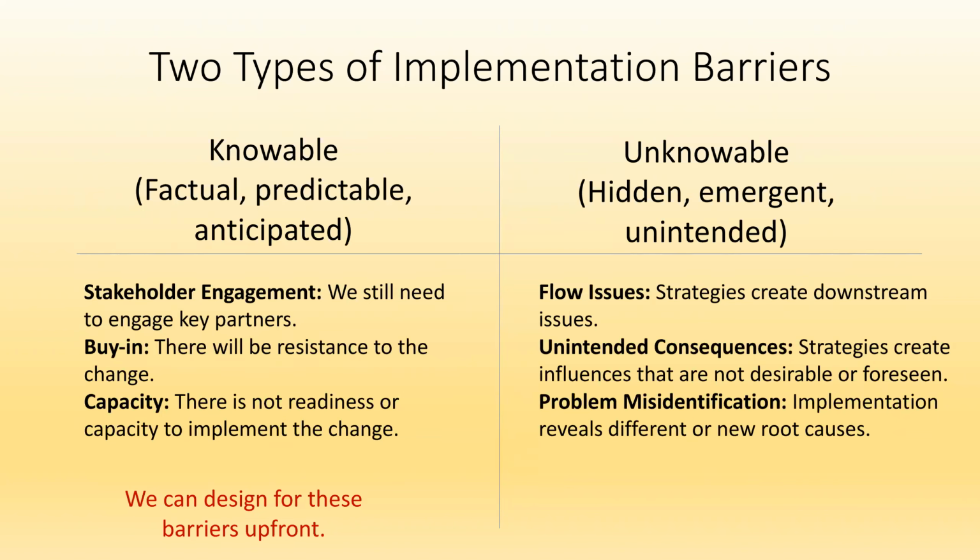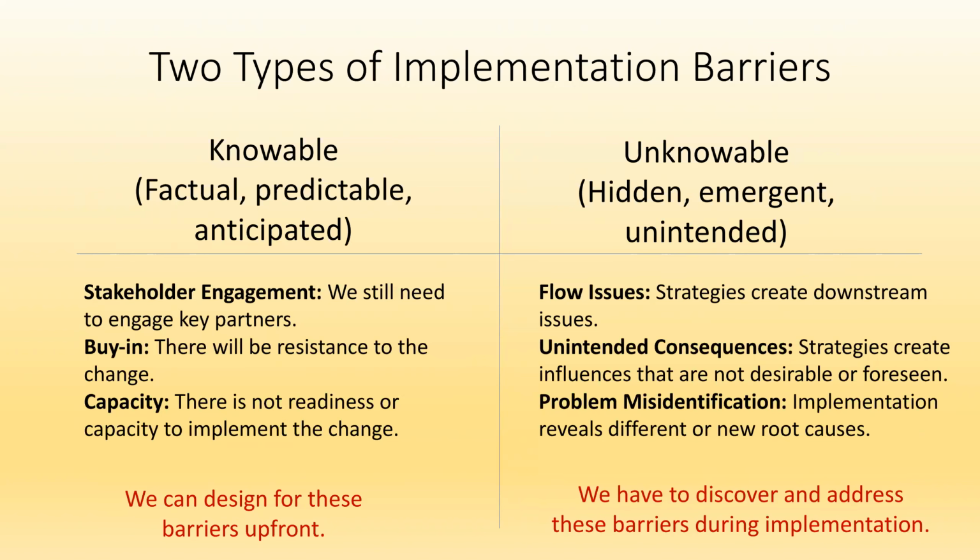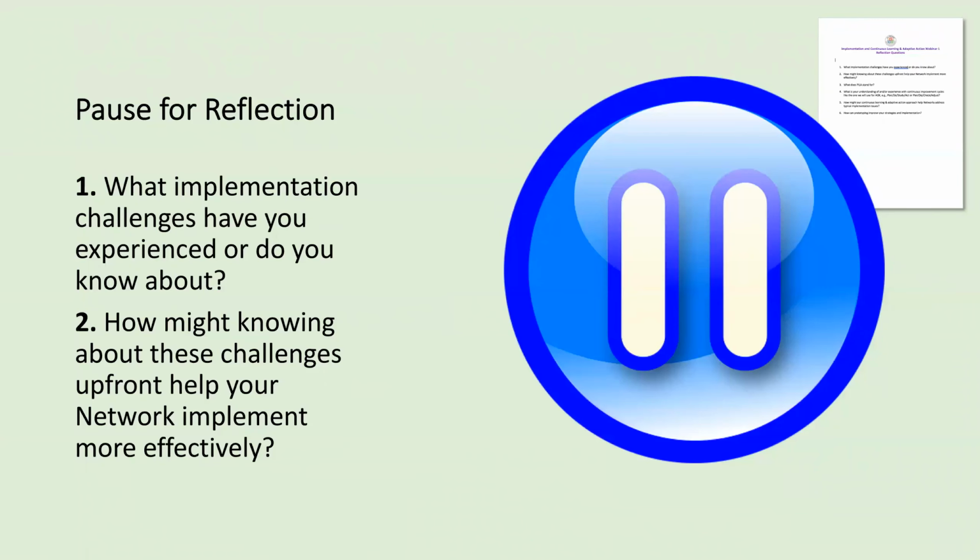The whole point here is that we have to pay attention, so we have to discover and then address these barriers during the implementation phase, because that's when we're going to know that they exist. So that's been a lot on the types of common implementation challenges that we may face.